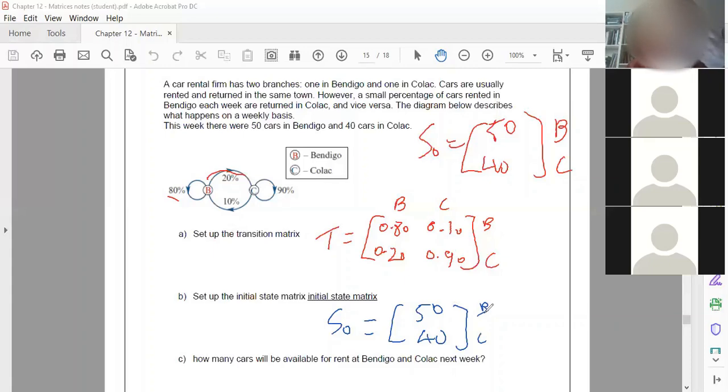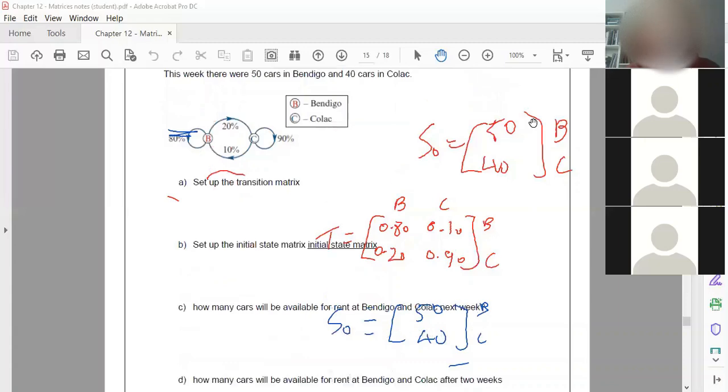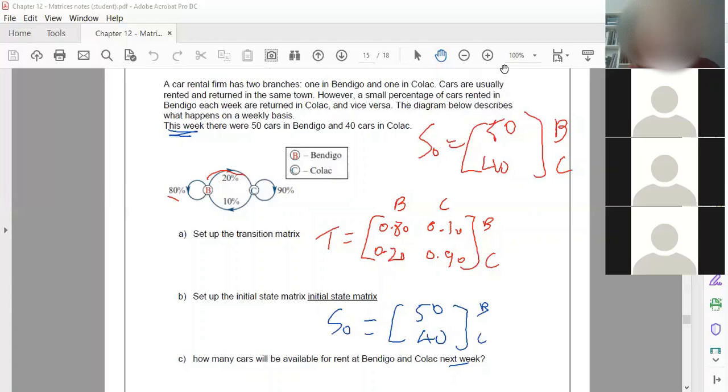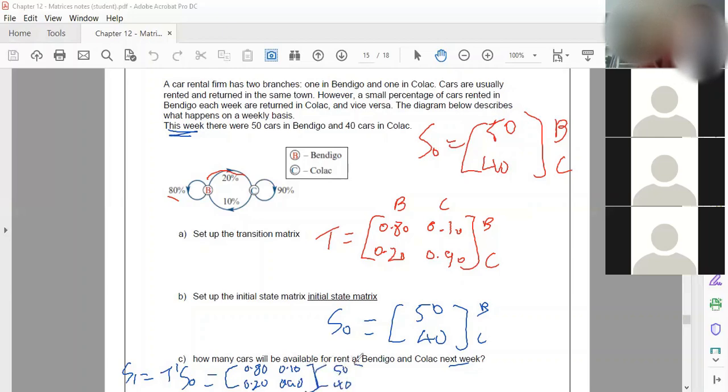Part C, how many cars will be available for rent at Bendigo and Colac next week? Now remember, this is a week-to-week basis. So we only need to find 1 week. I can't really go higher. I'm going to have to clear it. Anyway, I'll try and squeeze it in there. Okay, so we're going to do S of 1. Really, we're just going to do T to the power of 1 times S of 0. Okay, so our T, 0.80, 0.20, 0.10, 0.90 times 50 and 40.